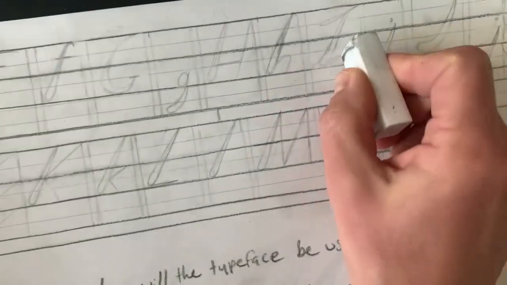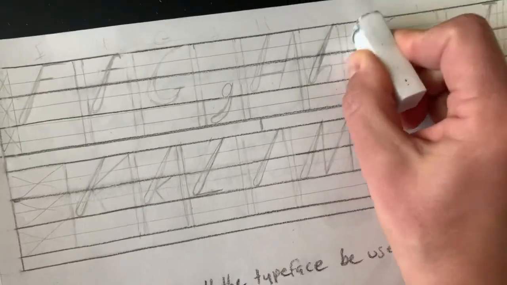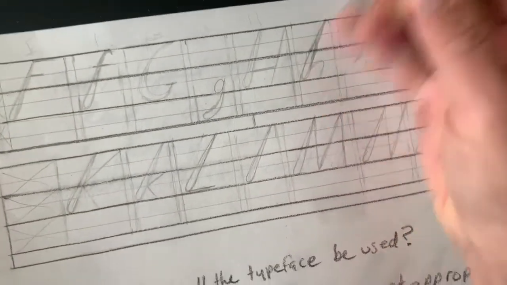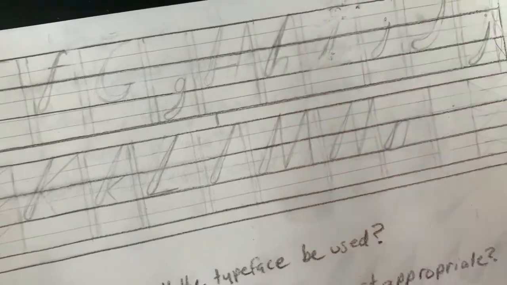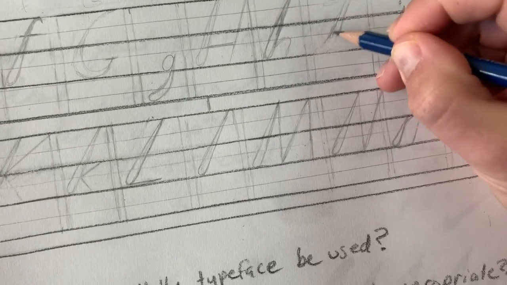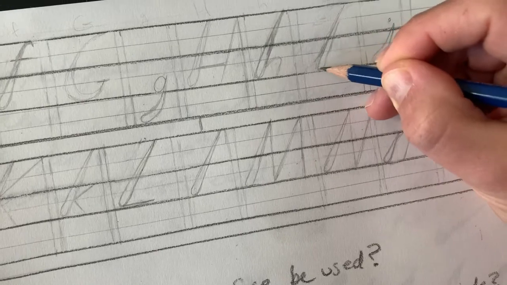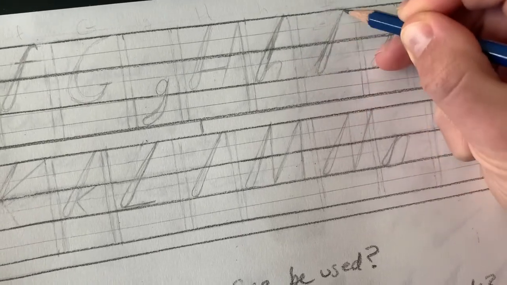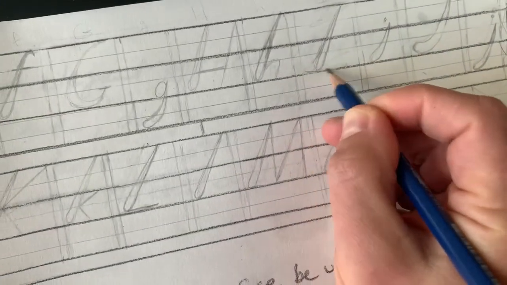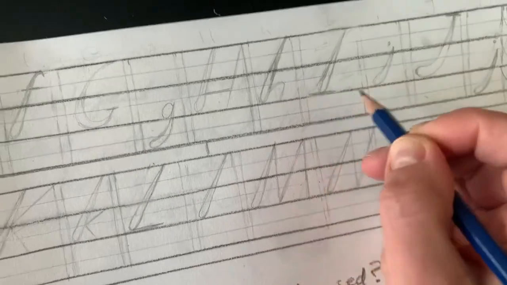If you go in here and find that you've messed up a rule, this is fine because we're doing this all in very light pencil, so it's very easy to fix. We want this to be still angled, and still tapered, but we want the top and the bottom to be straight.